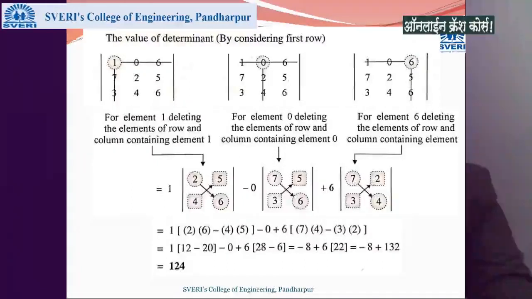Here we get 1 in bracket 12 minus 20, minus 0, plus 6 in bracket 28 minus 6. After calculating this, we get the number 124, which is the determinant of the matrix A.